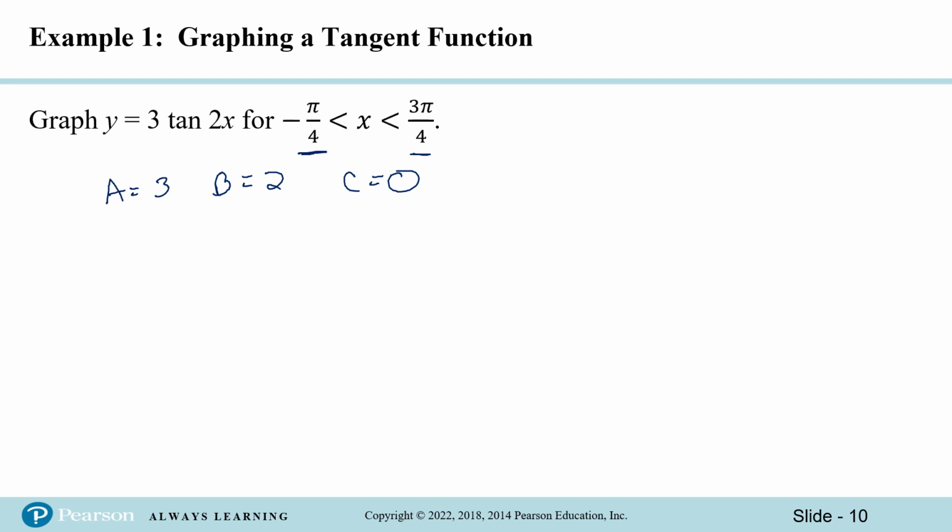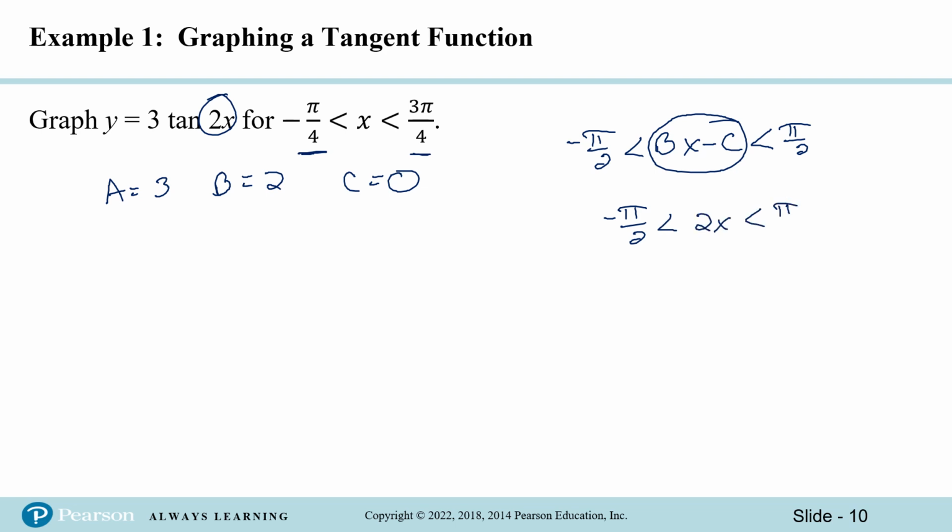Okay, and we need to find 2 consecutive asymptotes. So we have negative pi over 2 is going to be less than bx minus c. So we replace this with this. So negative pi over 2 is less than 2x is less than pi over 2. And we divide everything by 2, which is equivalent to multiplying by 1/2.